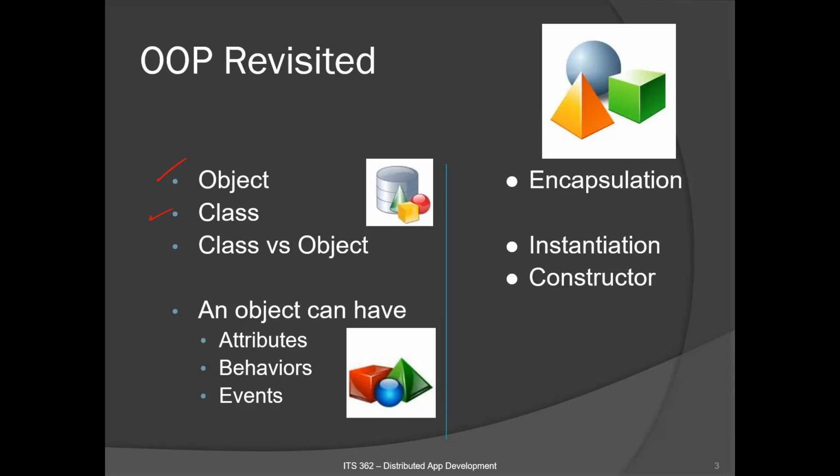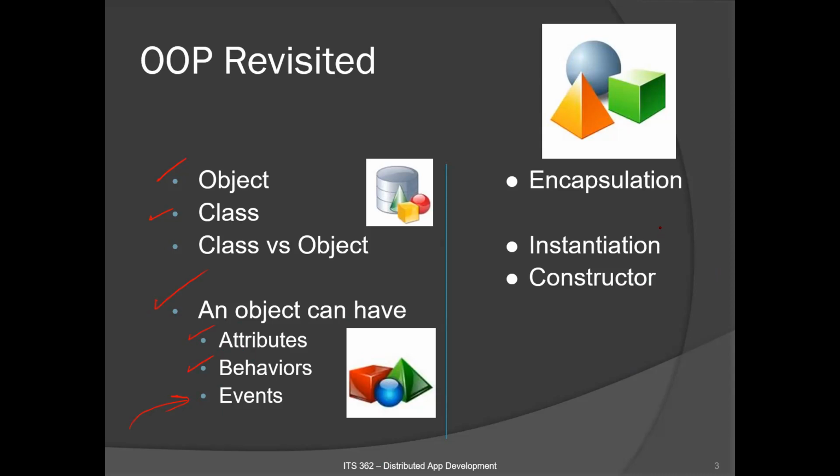Now we know that an object in object-oriented programming will have attributes, which are the variables associated with that object. They will also have behaviors. But because we're doing dynamic web applications, we also have the idea of events. We'll have events and event handlers, and they can be associated with the classes and the objects.